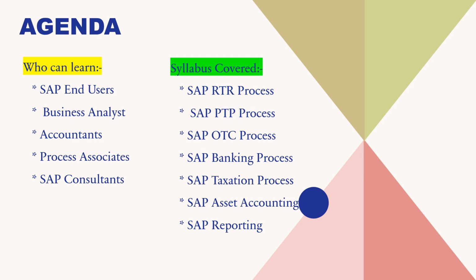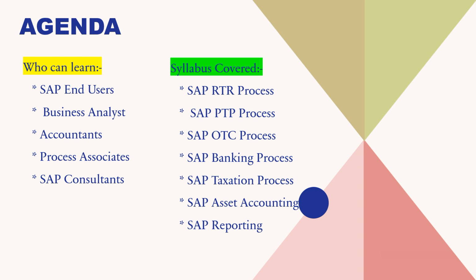Once the customer gives us an order, how to create a sales order in SAP, how to do delivery of the goods to the customer, how to generate the billing document or invoice in SAP, then how to get the money from the customer, how to do the accounting of customer payment or customer collection, which is also known as cash application, then how to do reconciliation. All this process we are going to handle in the O2C process.